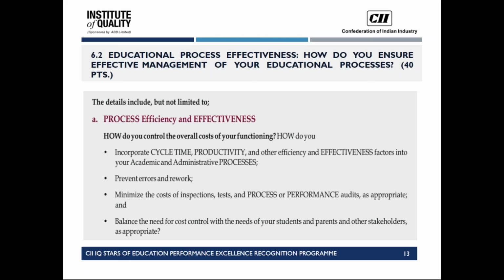And how do the institutions incorporate cycle time, productivity, and other efficiency and effectiveness factors into your academic and administrative process? How do the institutions prevent errors and rework? How do the institutions minimize the cost of inspections, tests, process of performance audits as appropriate? And finally, balance the need for cost control with the needs of the students and parents and other stakeholders as appropriate.